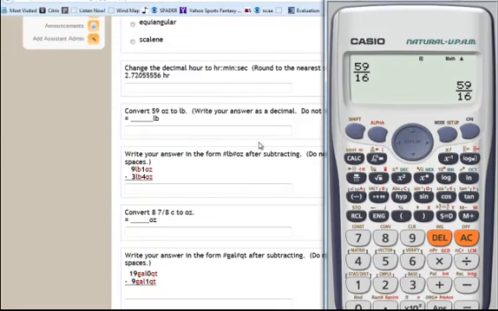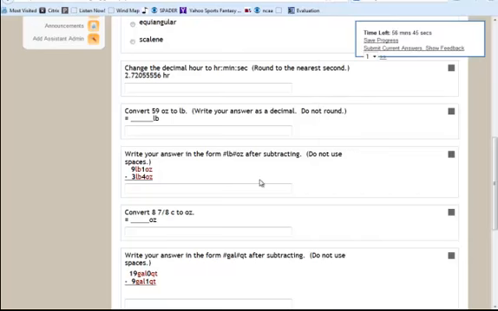Next one, you have to subtract, and you would use the shift fraction key, 9 pounds, 1 ounce, and remember there's 16 ounces in a pound, so you have to have the denominator be 16, and then subtract shift fraction key, 3 pounds, 4 ounces, and then after you press equals, make sure you press shift S to D so that you get the answer.